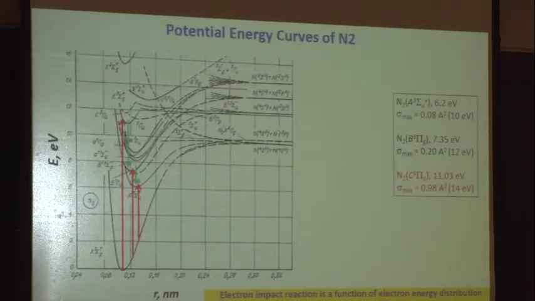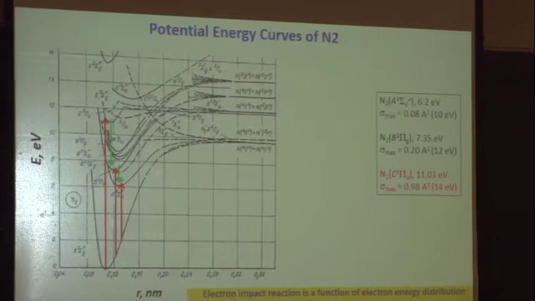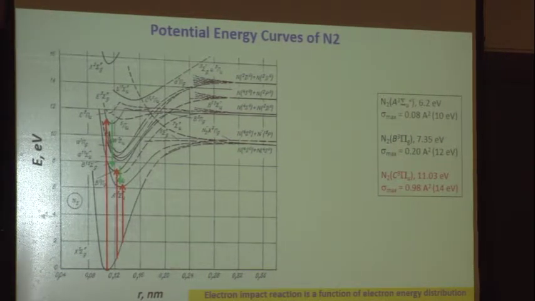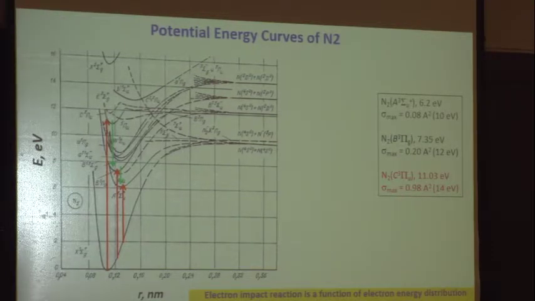Number two, look at nitrogen, because air always has nitrogen. If electrons impact oxygen, they must impact nitrogen too, because nitrogen is 79% and oxygen is 21%. In nitrogen, you can look at the states. They don't have too many low states. For nitrogen, you need strong plasma to generate 6.2 eV and the A, B, C states.